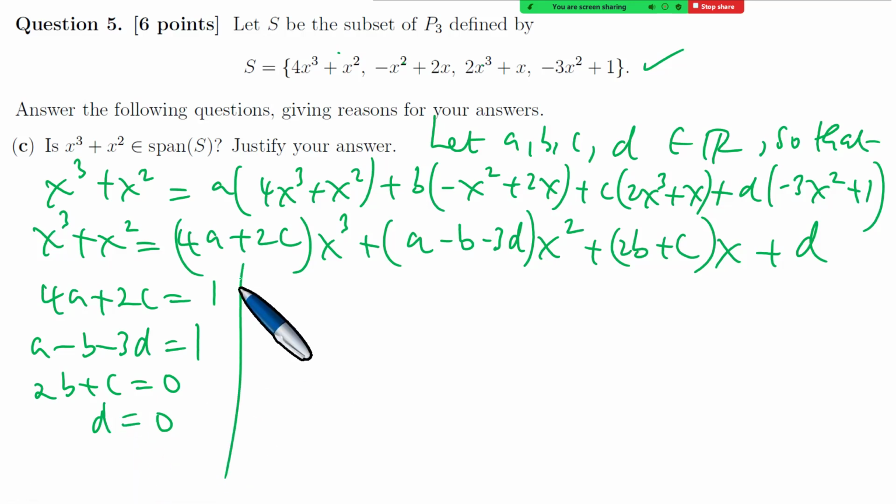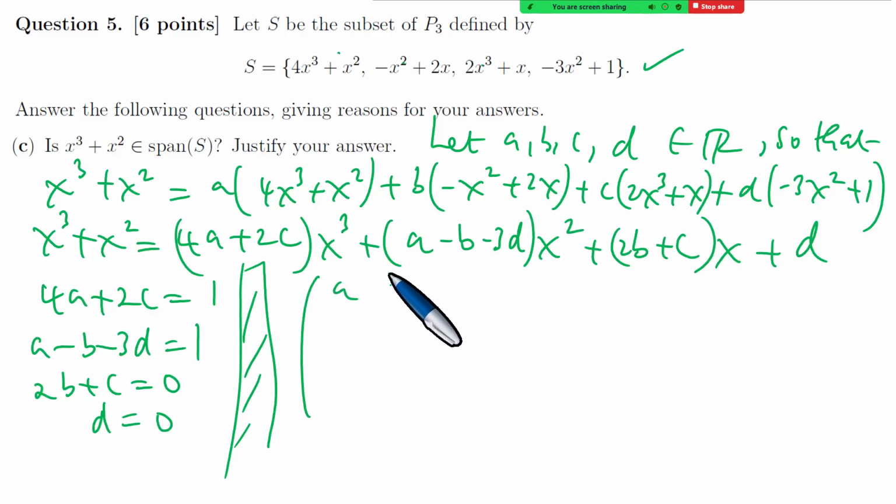With that, we have the associated matrix with columns A, B, C, D, and then a line.